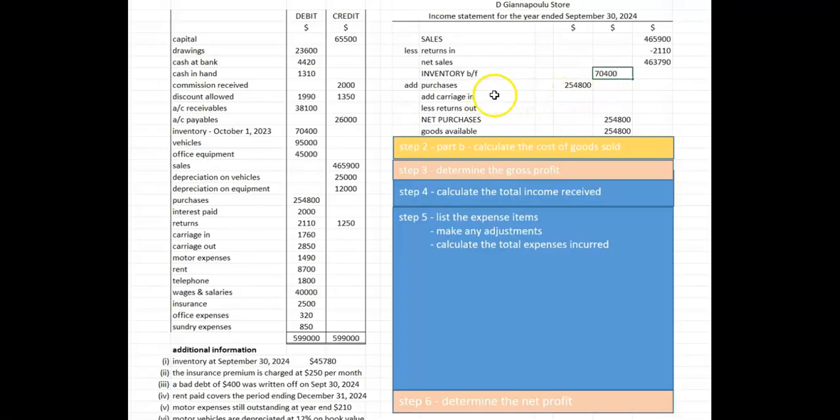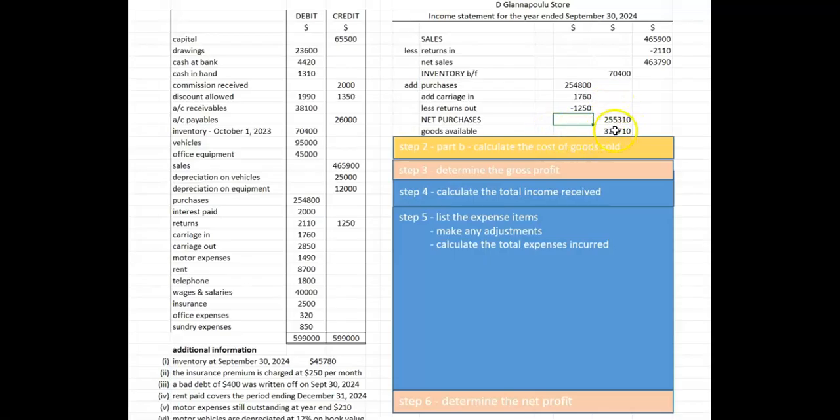And I am going to adjust this purchase figure, which is given currently as 254,800, but there is some carriage and there are some returns, so I'm going to adjust it so I can get the net figure. All right, so I'm going to add the carriage and take out the returns. So those returns, good. So I've adjusted and got the net purchases figure.